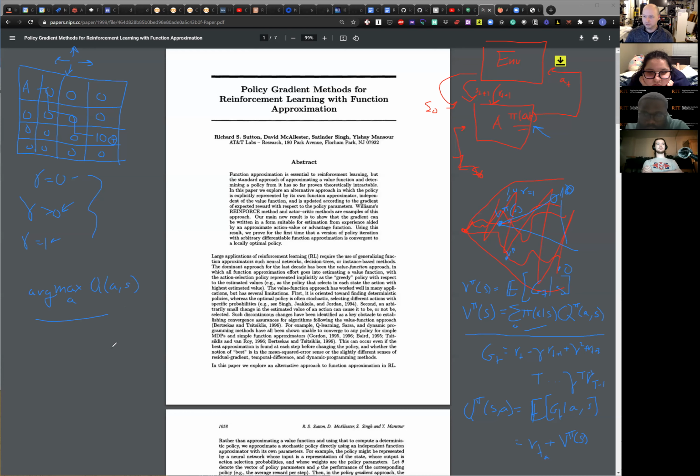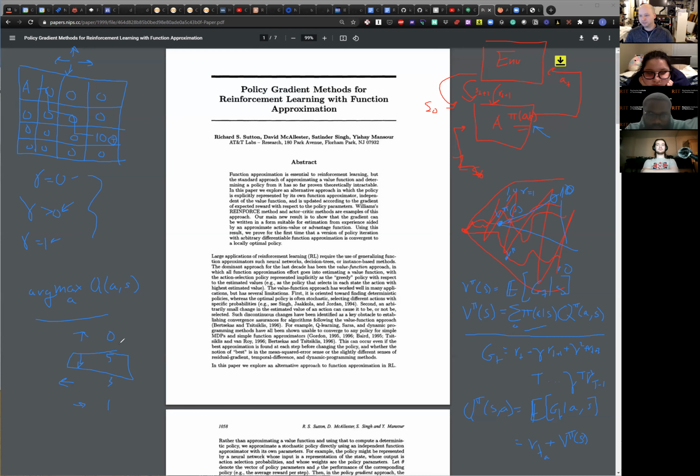This is a deterministic policy, where you say I'm going to go up or down or left or right. It's asking what's the value of taking this next action. If I go up, the value is 0. If I go down, the value is 5. If I go left, it's 3. And if I go right, it's 1. So I'm going to choose 5. It's the biggest value. This is the argmax.